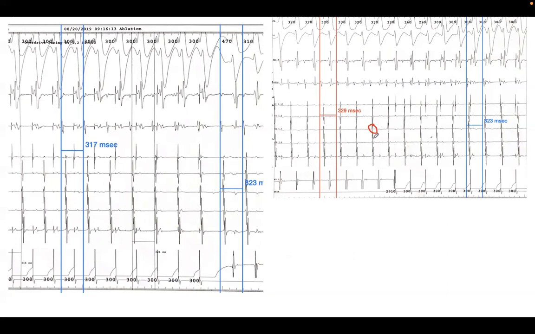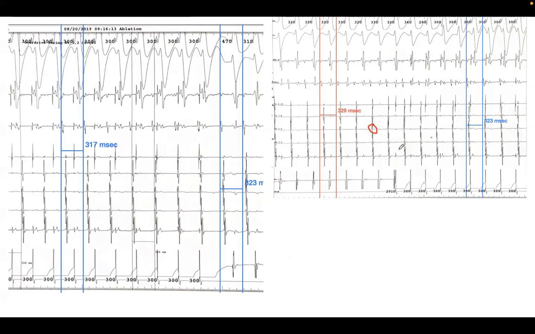It's very subtle, so it's not really concentric. So that's a hint. There's something coming from the left side. So obviously your differential would be left side accessory pathway or atrial tachycardia on the left side.